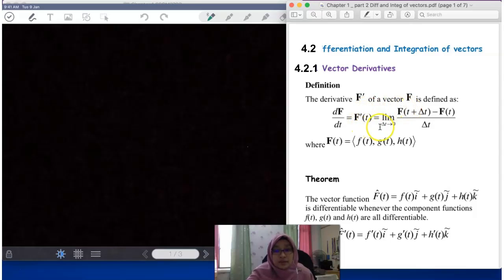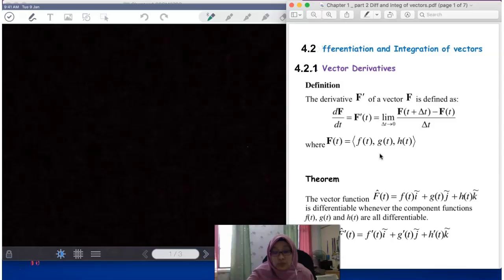The concept or the definition is similar to the regular function, which means that when you have df over dt, where f is a vector function, you have f prime. If f is the vector function, the small f, g, h are component functions in terms of t.